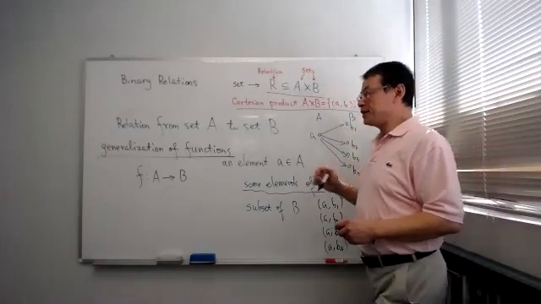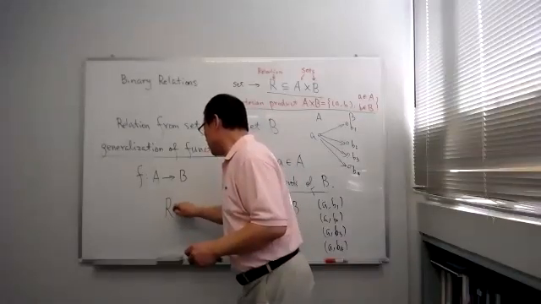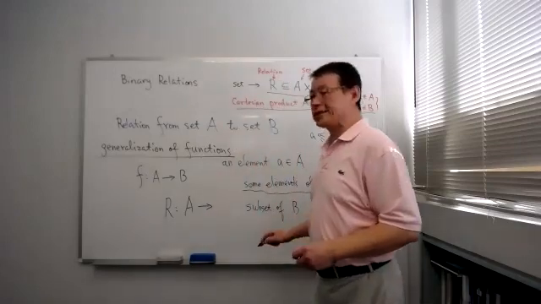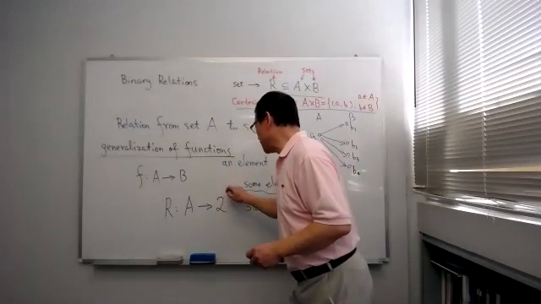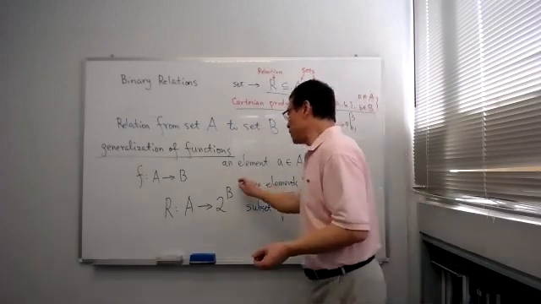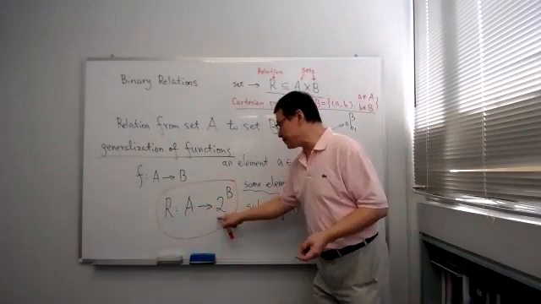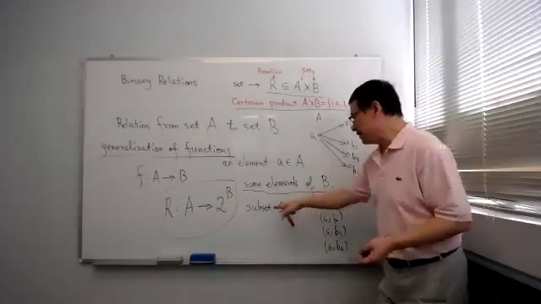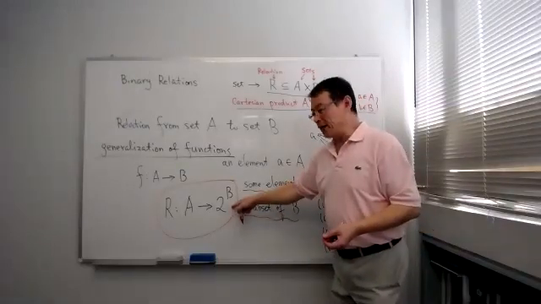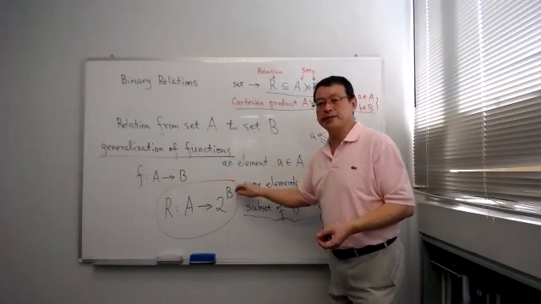For a relation, it's actually a function from A to the power set of B. A relation can be regarded as a function. It maps each element of A to a subset of B. So the range part, the codomain, is the power set of B, all possible subsets.